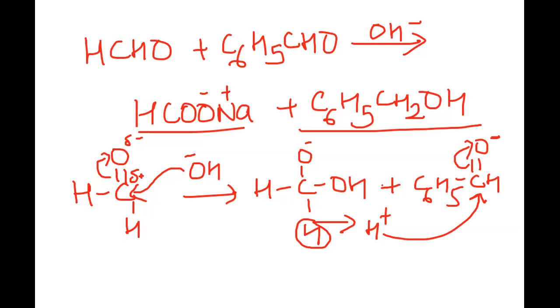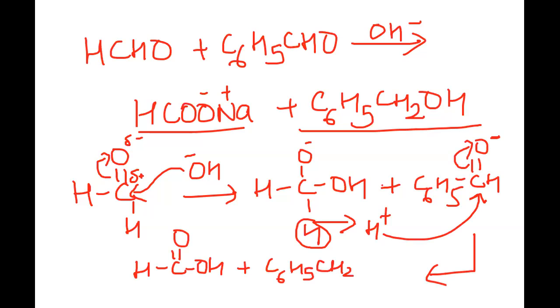Whereby, once this is lost as an H plus, the double bond will be established. If I draw the structure here, the formic acid is going to form like this, and an OH is there, which will of course combine with NaOH to form sodium formate, and this molecule is going to form the alcohol, that is, benzyl alcohol will be obtained. So these are the important points that you have to remember.